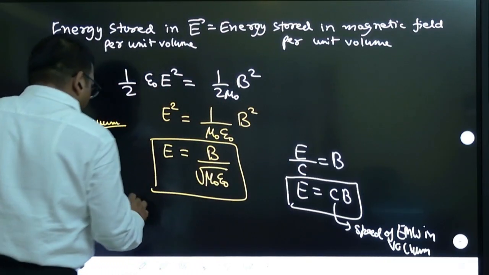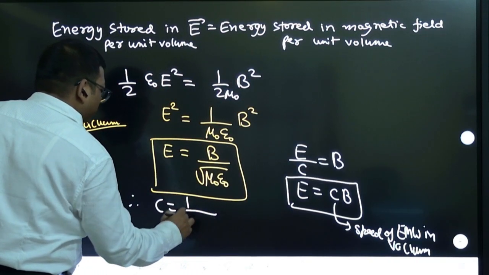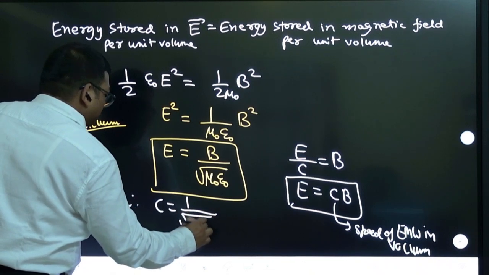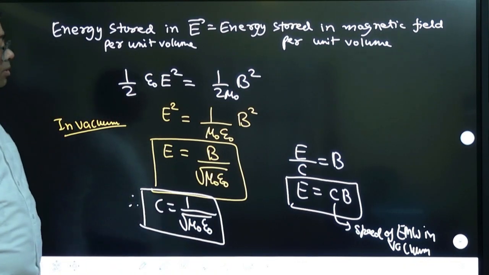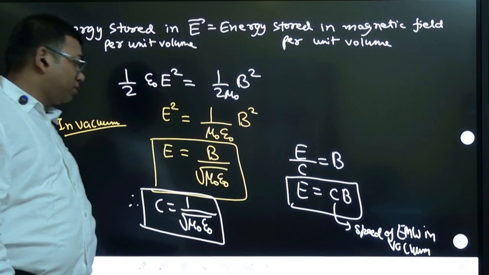So C is equal to 1 by root under mu naught epsilon naught. Note down, this is the formula for speed. The speed is related with the constants mu naught and epsilon naught.